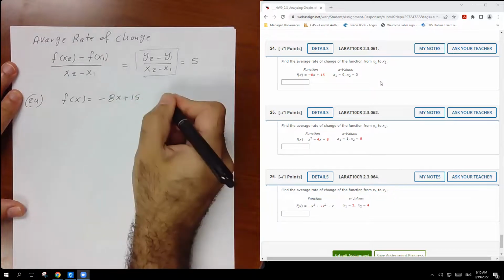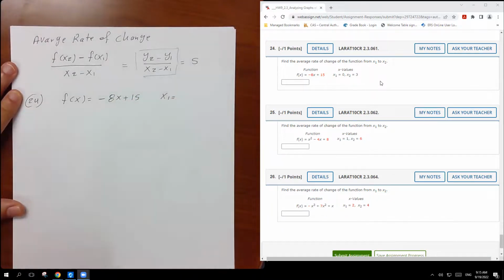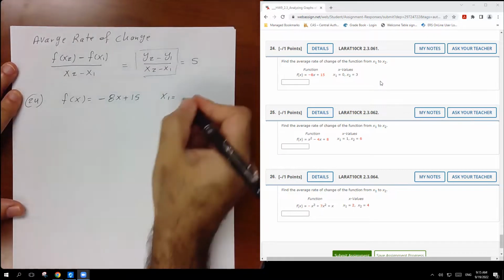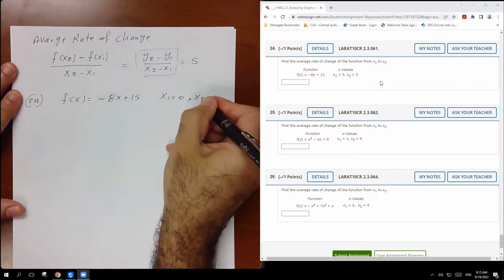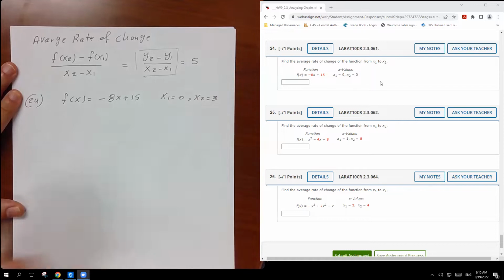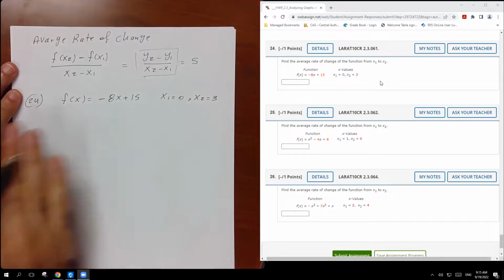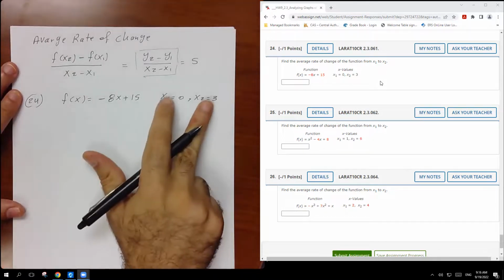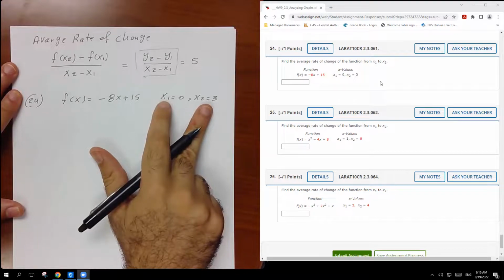We have x1 equal 0 and x2 equal 3. Now we need to find the average rate of change. We have just x1 and x2. We don't have y1 and y2.